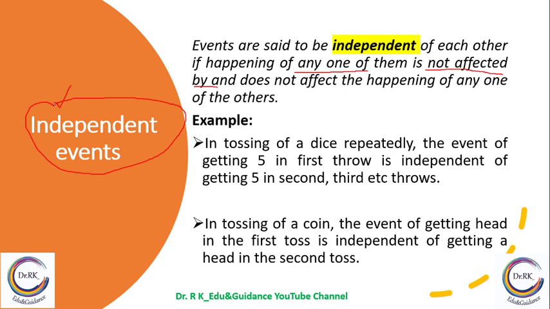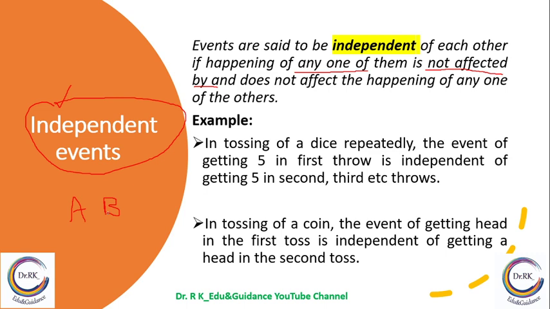Now we can take an example. Suppose two students A and B are in the class. Suppose there is only one first rank, which will be awarded by the university to only one student.